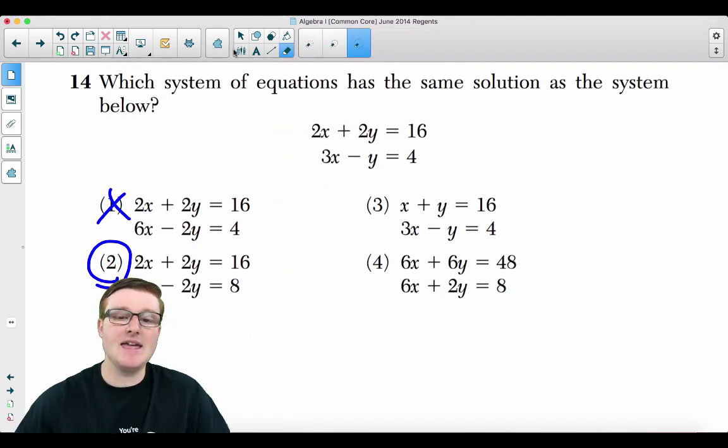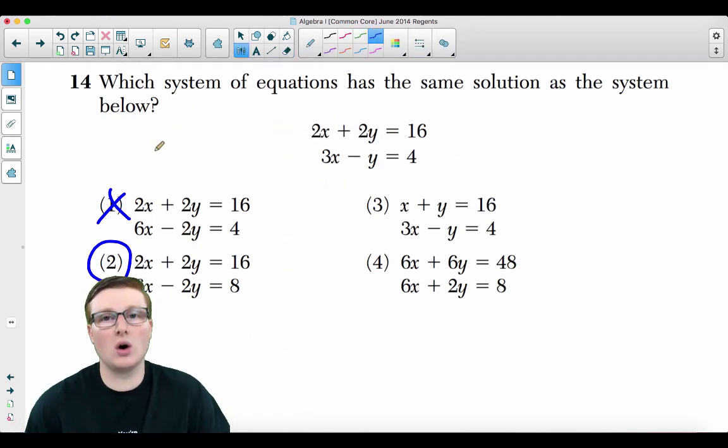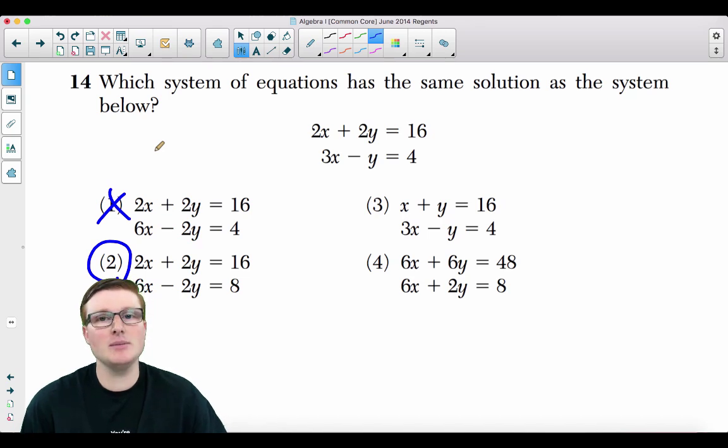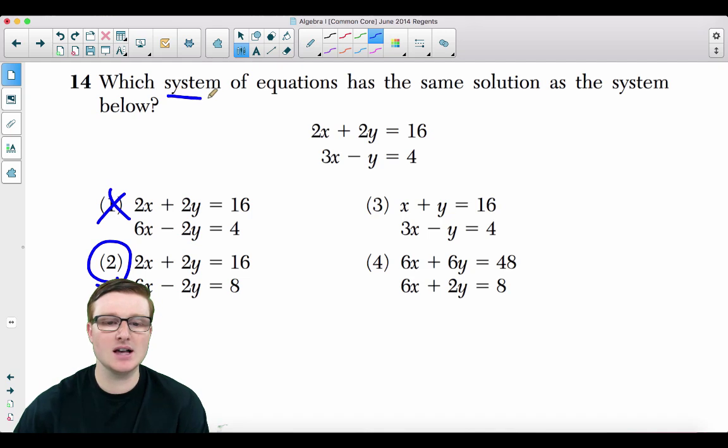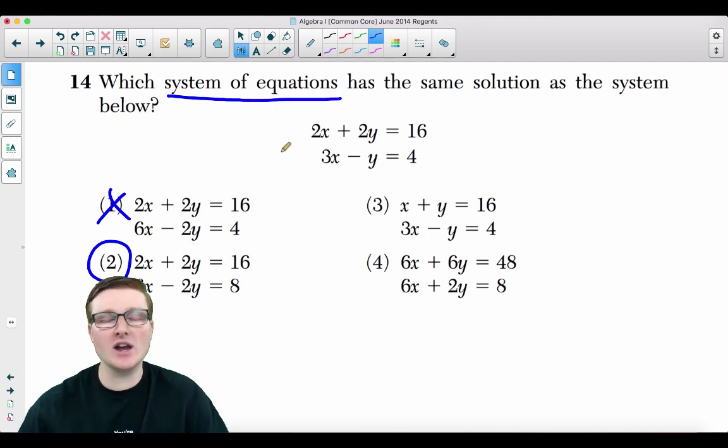Now, if you want to ensure that you got the right answer, let me show you a really awesome way to figure this out. First of all, this is a system of equations, meaning that these equations actually do have a solution set.